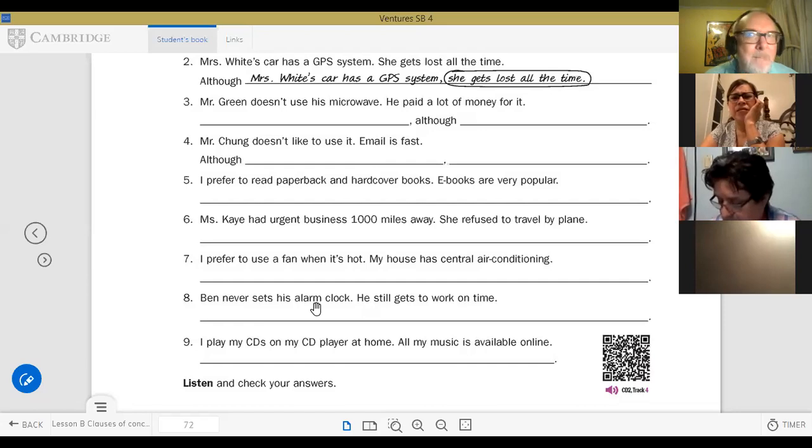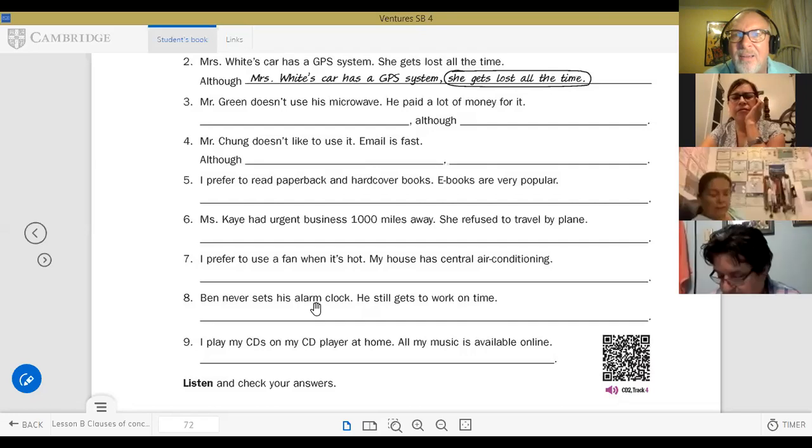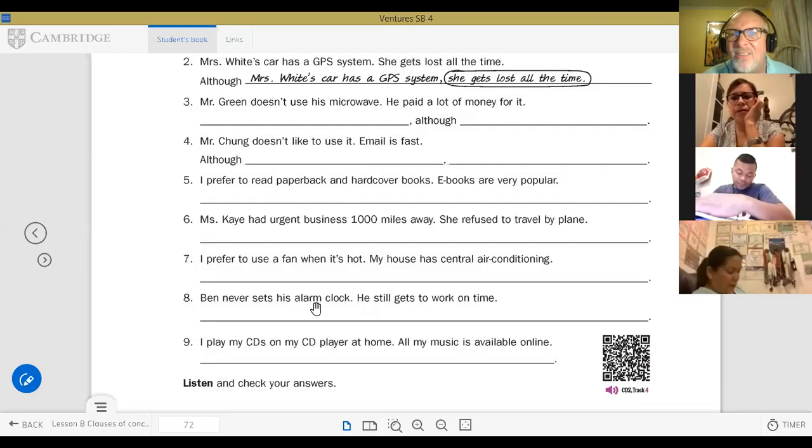I'm talking about number 5. I want to use despite. Number 5. So I said that popular is an adjective, but can we make popular into a noun? What's the noun of popular?